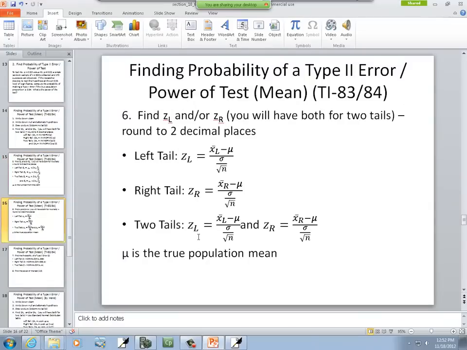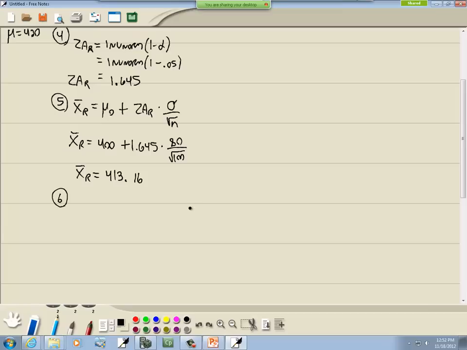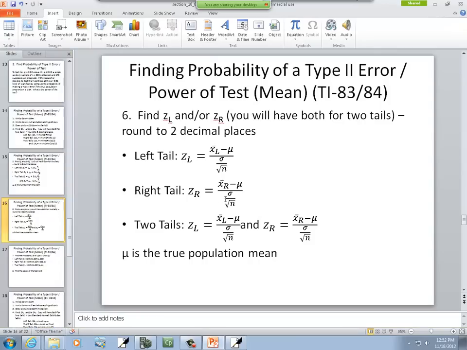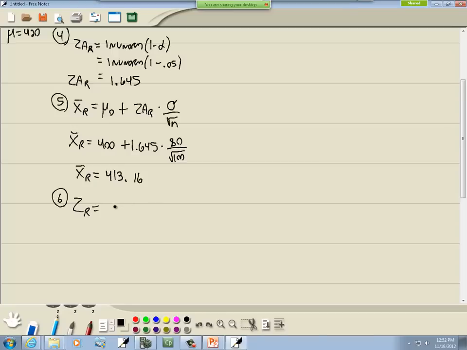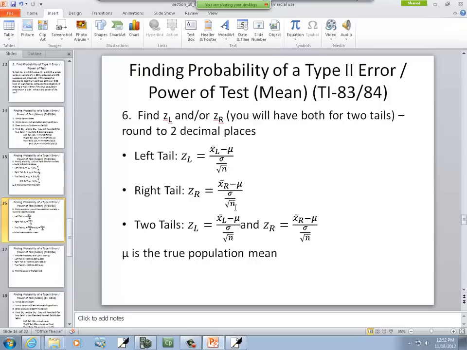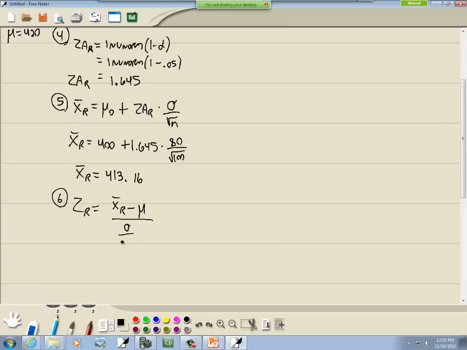Step 6. We're dealing with the right tail, so we're going to find Z sub R. And that says X bar sub R minus mu over sigma divided by the square root of n.